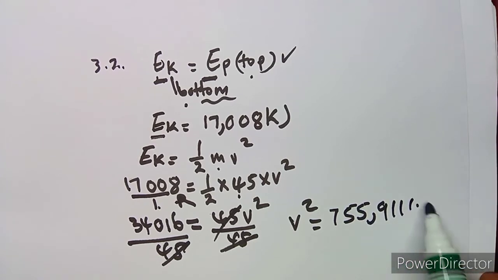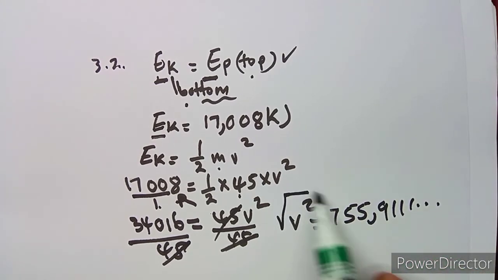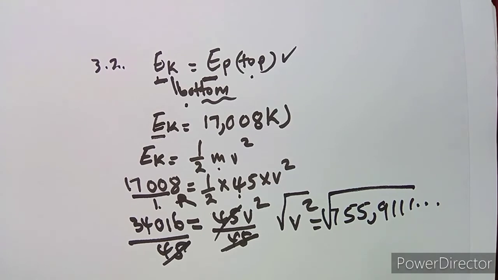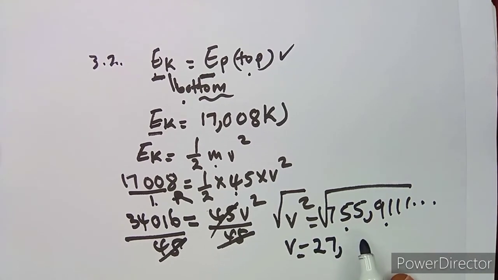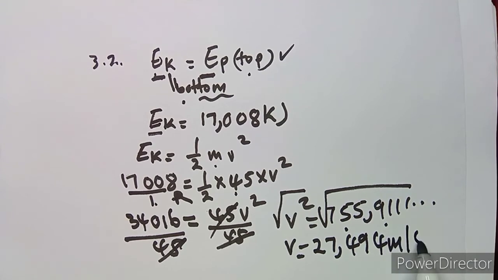v squared is going to be 755.91, something like that. Then to find v, take the square root of what you have on your calculator, the square root of the answer. What did I obtain here? It is 27 something, which is 27.494 meters per second.